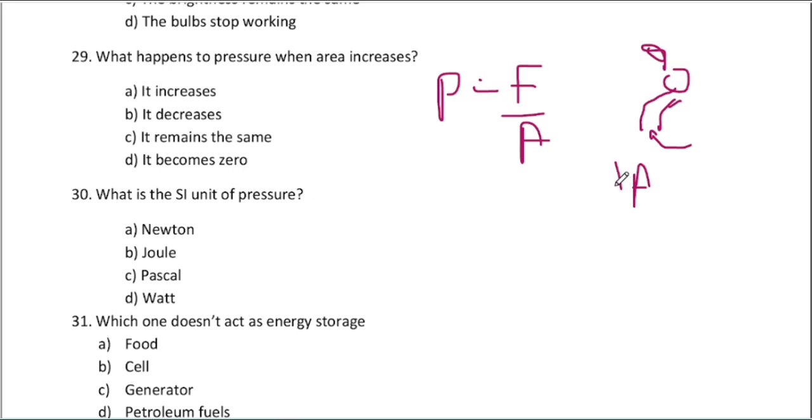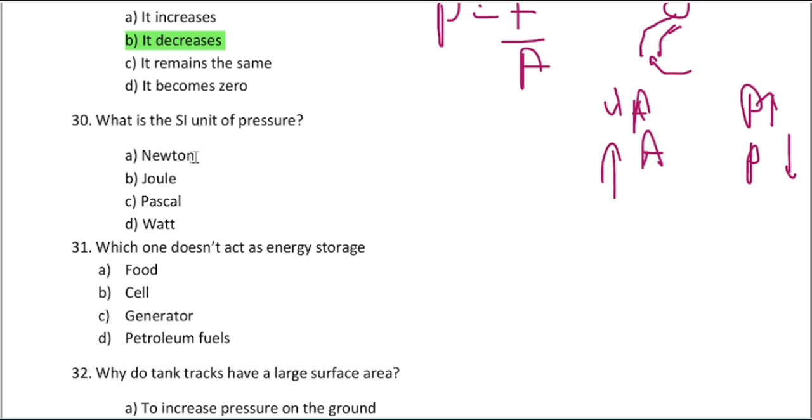You decrease the area, pressure will increase. If you remove your finger, it means you increase the area. Then pressure will decrease. So answer is B. Think about it from this example: what happens if you keep your finger on the tap or remove your finger? Pressure will decrease.